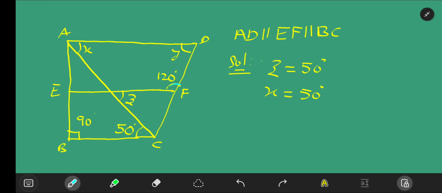Now this top angle is 120 degrees. So the remaining angle, this angle, is 180 minus 120 degrees. Yes or no? 180 minus 120 is equal to 60 degrees. So this angle EFC is equal to 60 degrees.